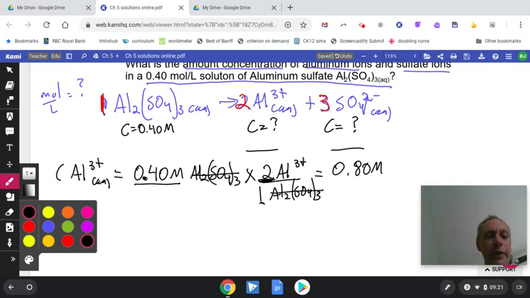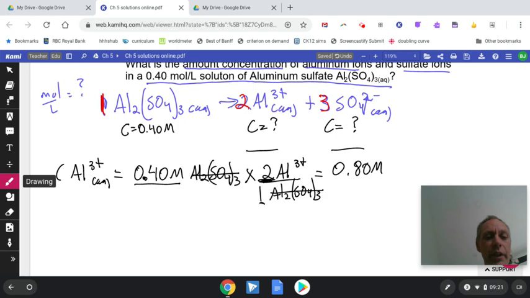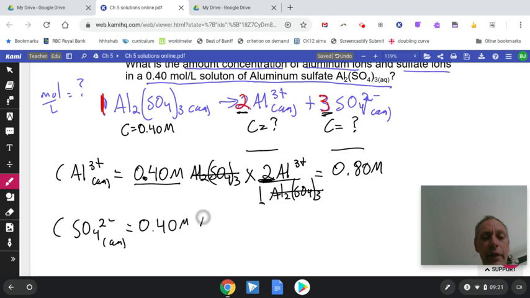Concentration of Al3+. Now, can you predict the concentration of SO4 2-? Looking at the aluminum 3+, 2 aluminum 3+ form 3 SO4 2-. Started off the same. Our molar ratio is now 3 sulfate ions produced for every 1 Al2(SO4)3.